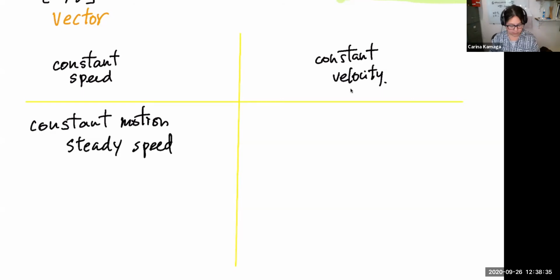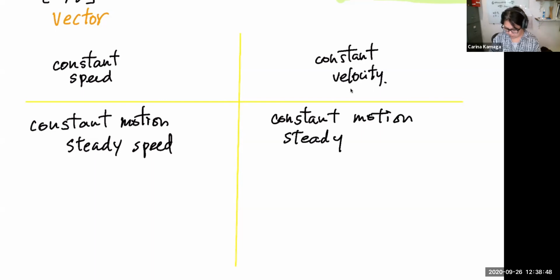But constant velocity means constant motion, steady motion, steady speed. But to be in constant velocity, it has to be in a straight line. It has to be in a line.